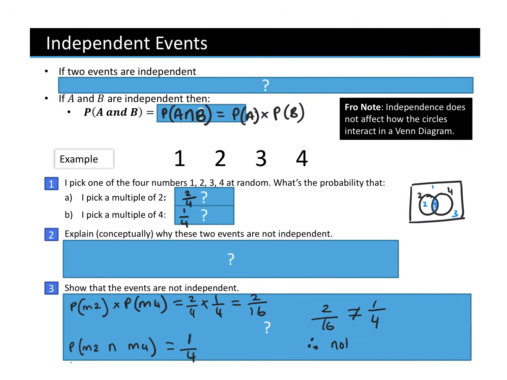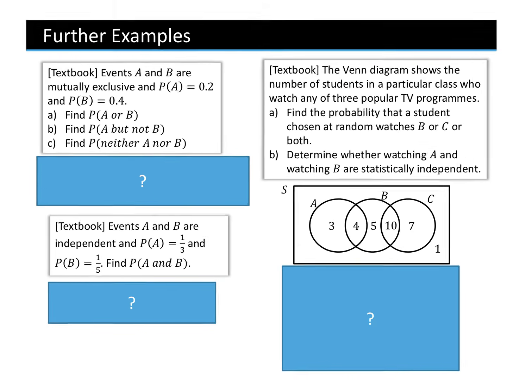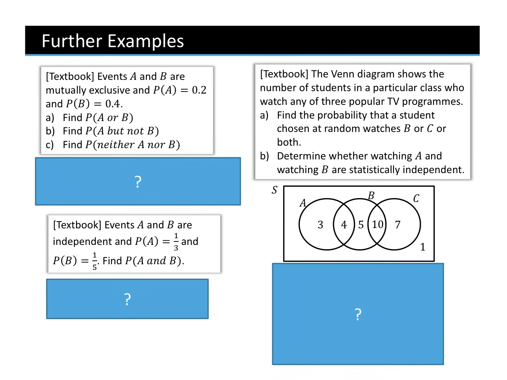Therefore, not independent. This is because the probability of A intersection B does not equal the probability of A multiplied by the probability of B. So then, we have a few more examples to look at.